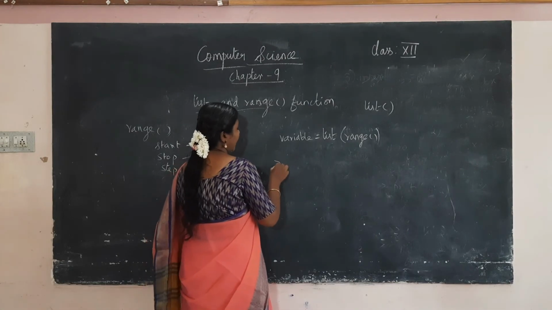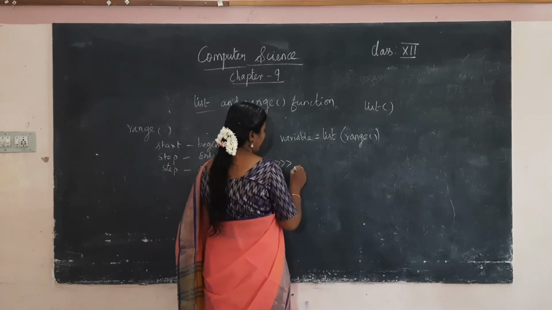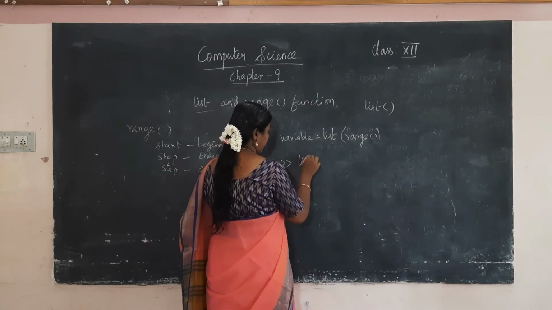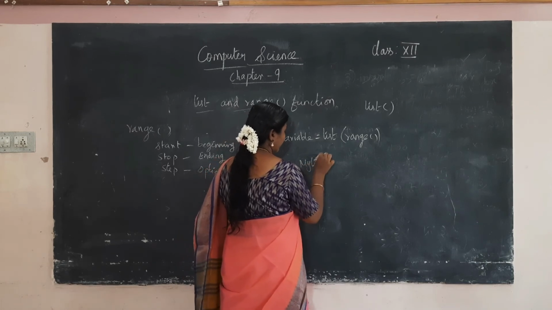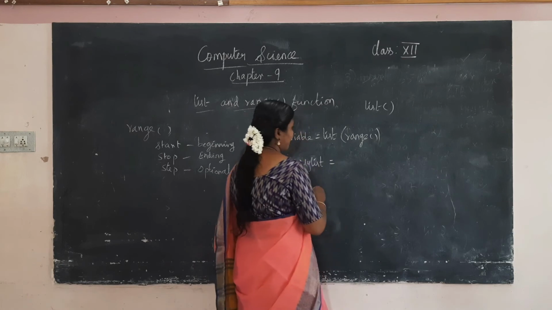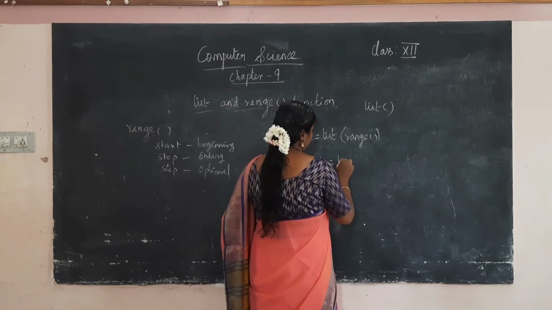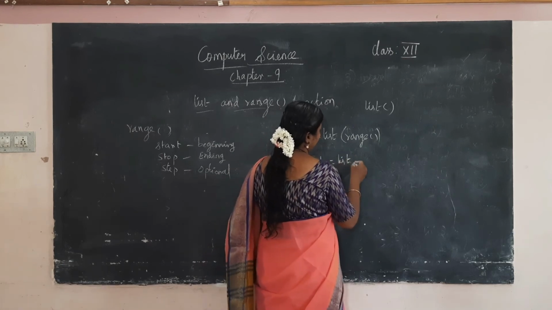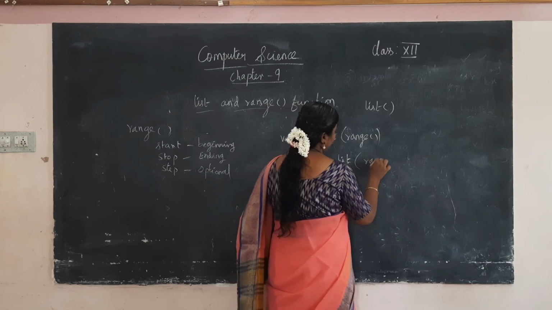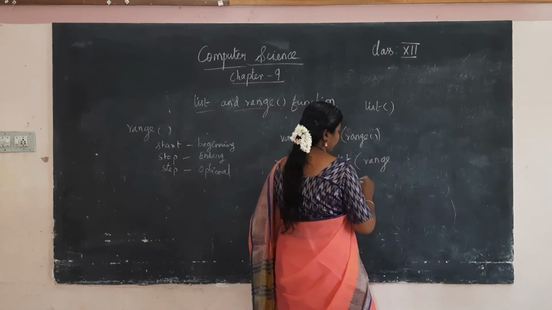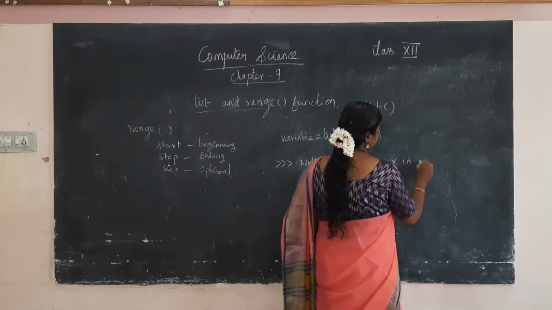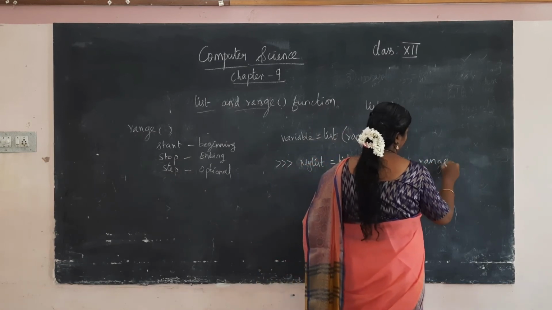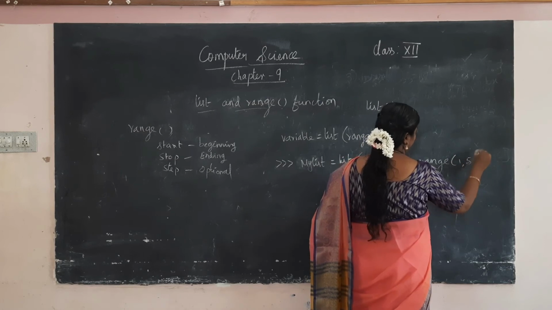Suppose I am having a variable called my list. My list is equal to the list function of, and the range I am giving is for x in range 1, 5.